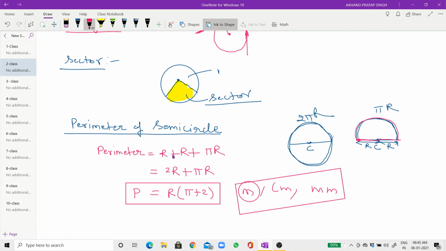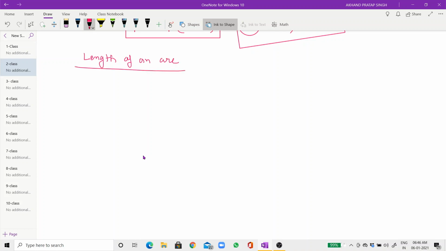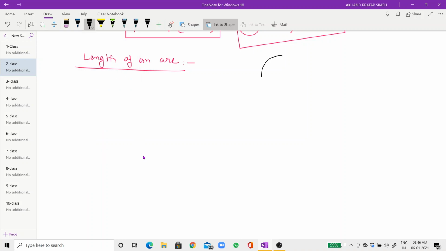Now next, length of an arc. So suppose we draw the diagram. This is a circle and this is the center.